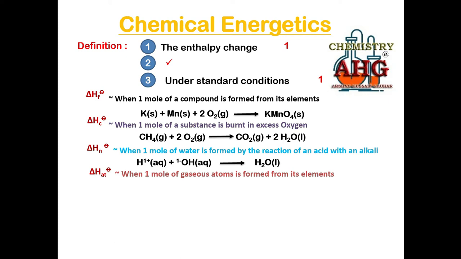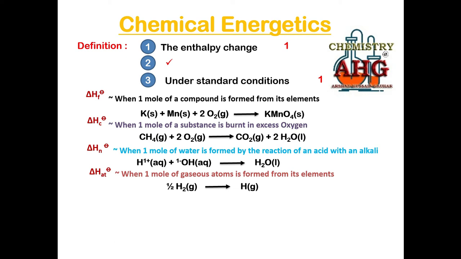Simply you should remember, whenever you want to atomize some element, you must write down the symbol of that element along with its state symbol gas at the base of that symbol. This is atomization. For example, if you have been given hydrogen and you are asked to atomize hydrogen, you know hydrogen is diatomic. You will take half mole of hydrogen to produce 1 mole of gaseous hydrogen atoms.